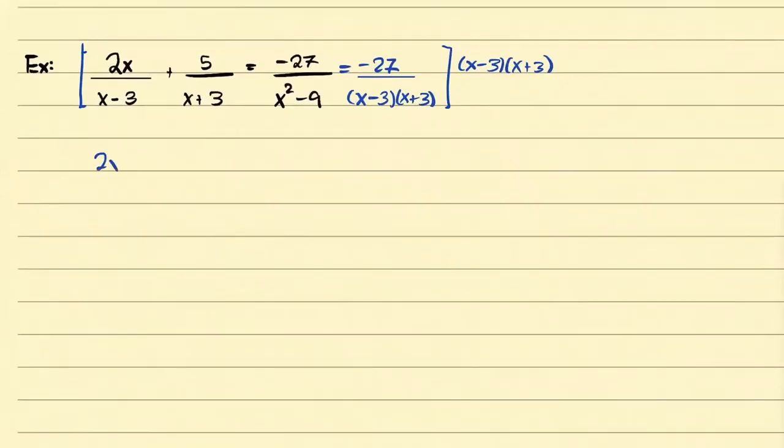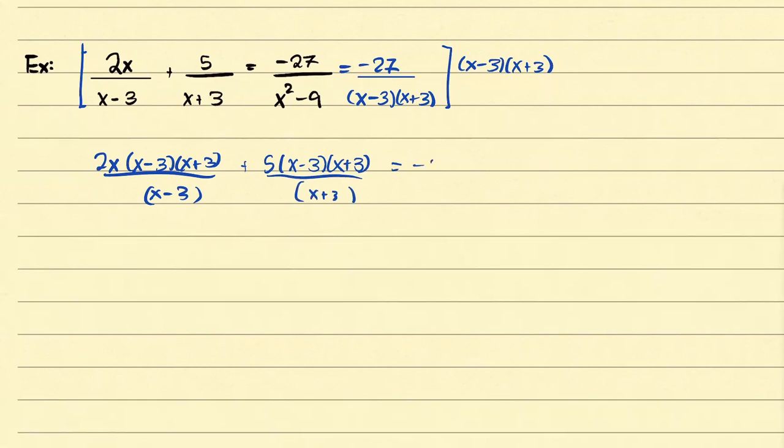So when I start distributing that, I get 2x times x minus 3 times x plus 3 over the quantity x minus 3, plus 5 times x minus 3 over x plus 3 times x plus 3. And that's equal to 27 times x minus 3 times x plus 3 over x minus 3 times x plus 3.